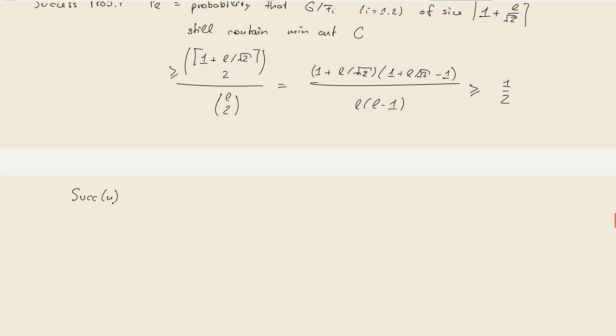And if we write success n for the probability that the whole Karger-Stein Min Cut with size n, just small p instead of the graph, returns a minimal cut.